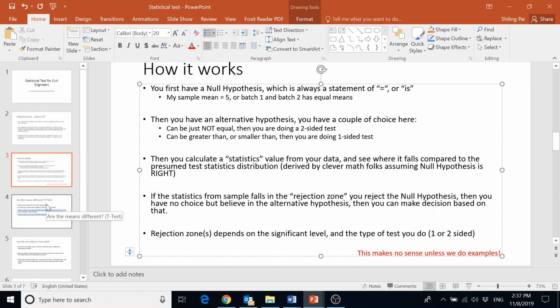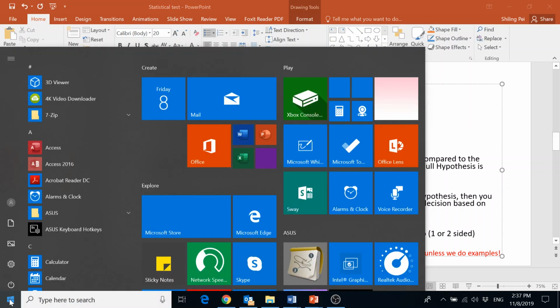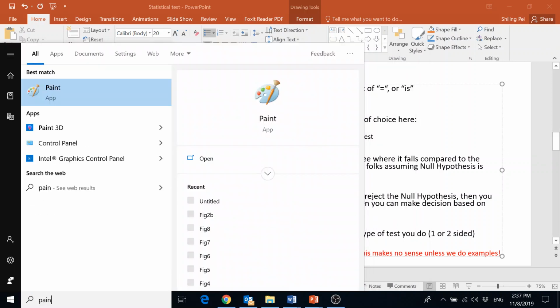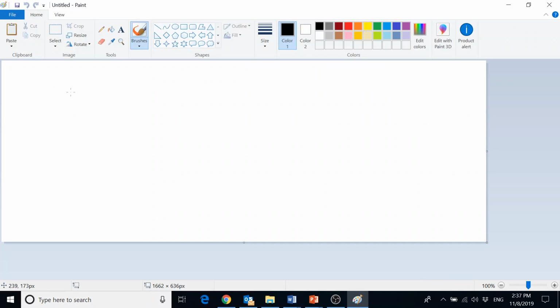So let's illustrate that with a drawing board, paint, like we always do. Say you have a null hypothesis, H0, that my concrete strength from this batch of concrete equals 5 KSI.